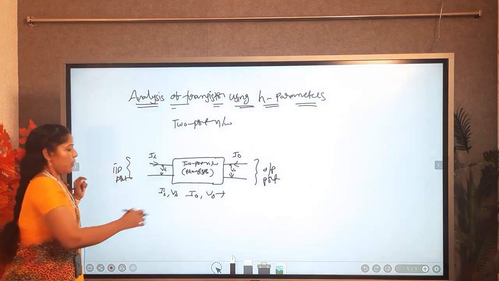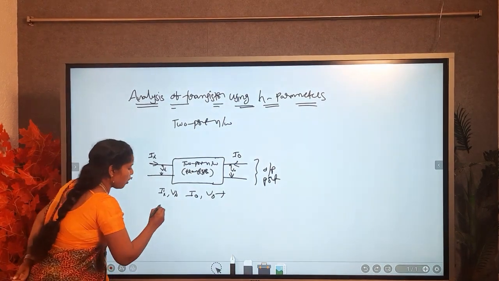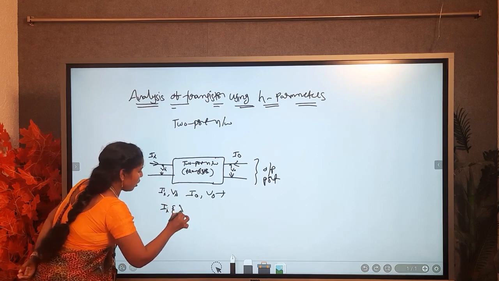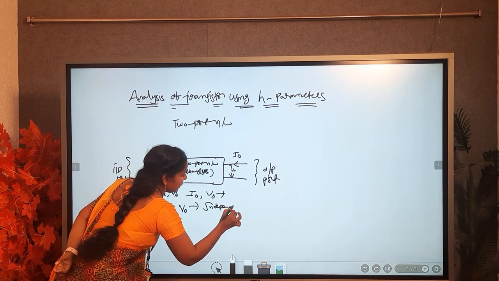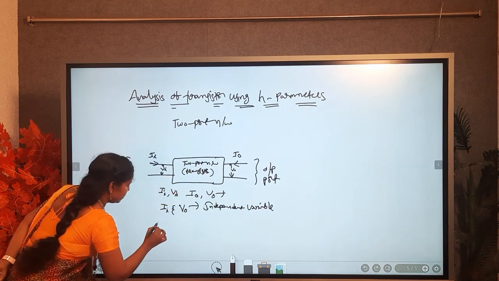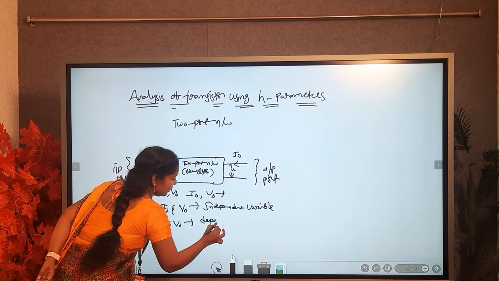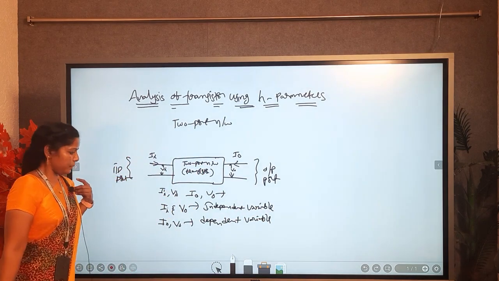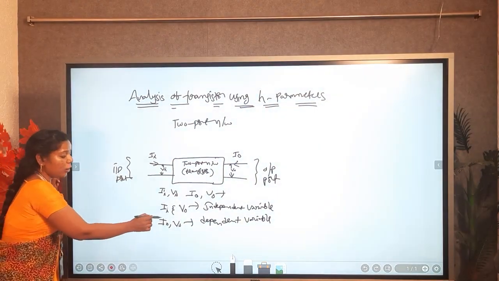I consider Ii, the input current, and V0 as the independent variables. The other two, I0 and Vi, are taken as dependent variables.